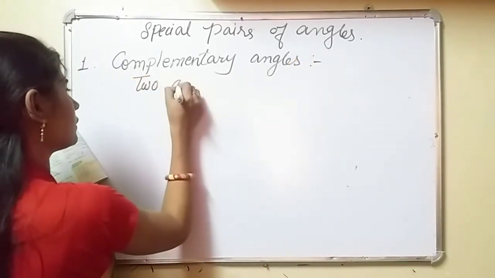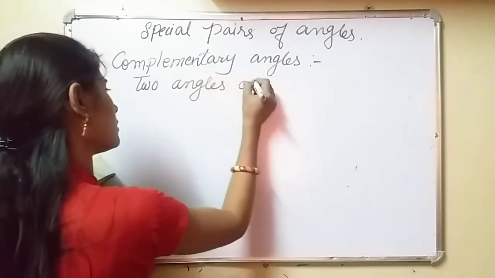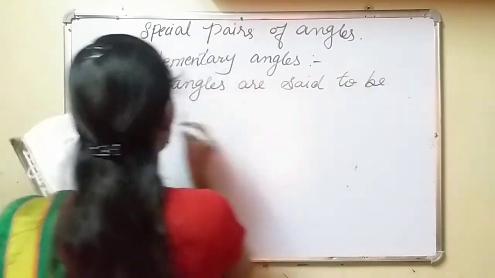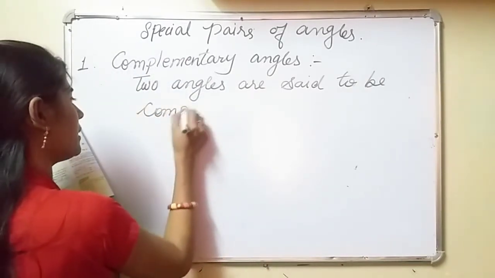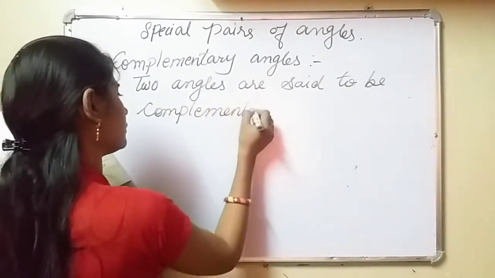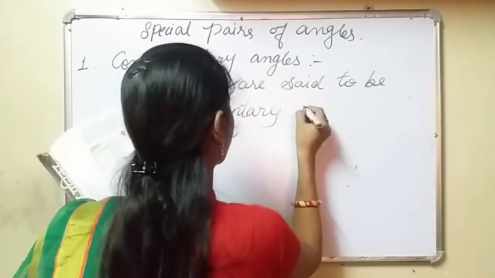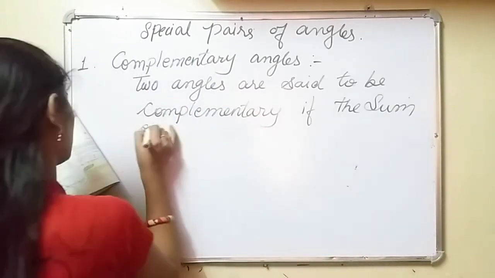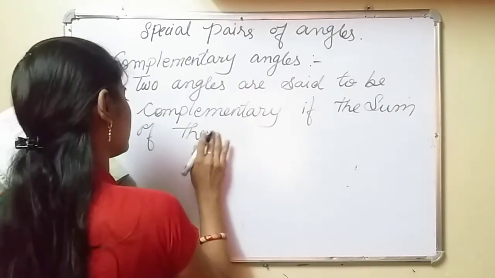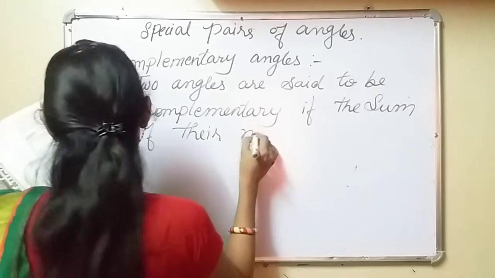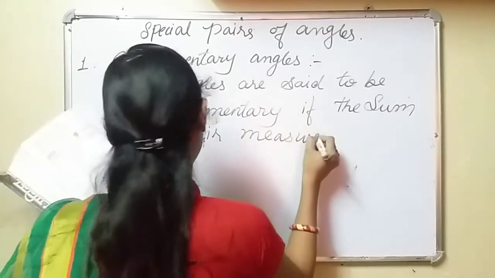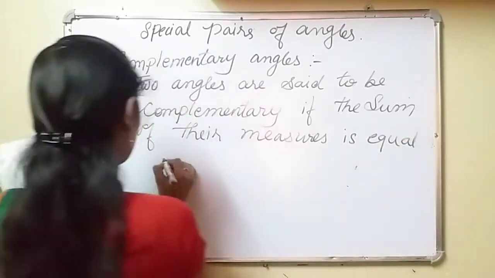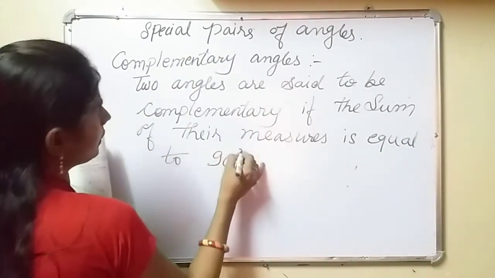Two angles are said to be complementary if the sum of their measures is equal to 90 degrees.